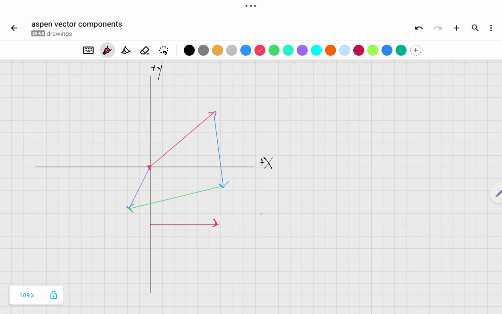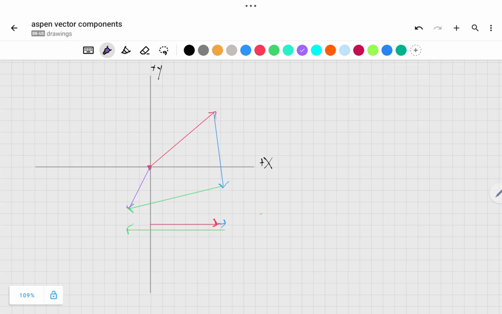I'm just following this down, to where this projects, or how far in the x direction this person travels on that red line. Then I'm going to do the blue line, and that's not so long. It only goes to about there. And then we have a green line, which goes back. So we're starting over here, and we go all the way back to that point.